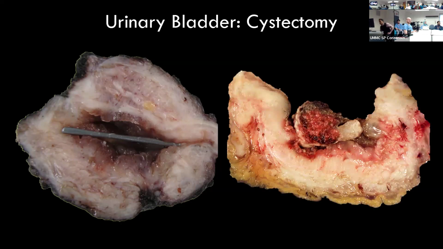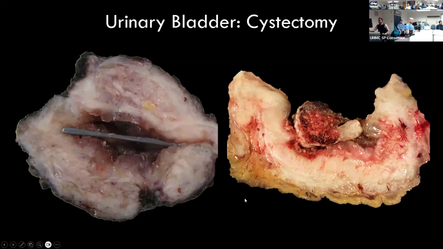So what does actual tumor look like in the bladder? This specimen is useful for demonstration because you can see there is a clear-cut tumor mass inside the lumen. And also you can see that it's invading the bladder wall right here and extending into the perivesical adipose tissue right here.